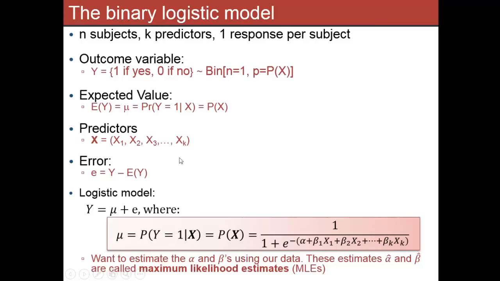Okay, so we bring data on the Y, we bring a bunch of predictors, and we're modeling this expected value, this probability of the event, given those covariates, given the X's. Okay, so the proc logistic thing that I said is really about estimating the alpha and the betas for this regression model, based on our data, and we're going to use the process of maximum likelihood estimation.